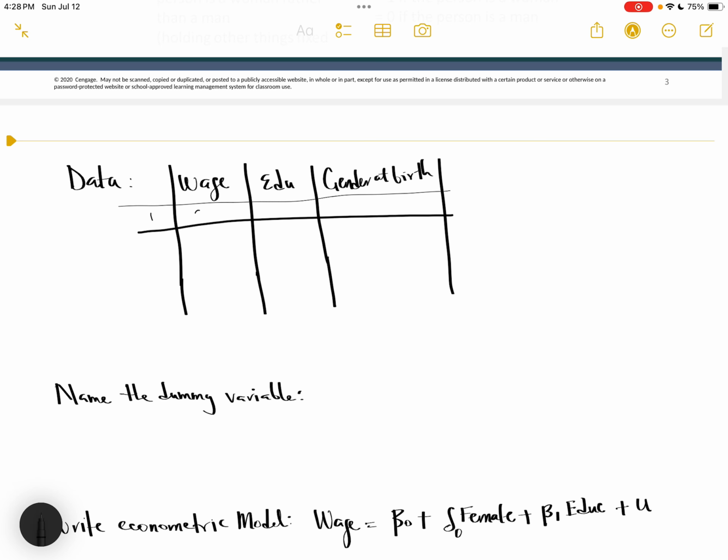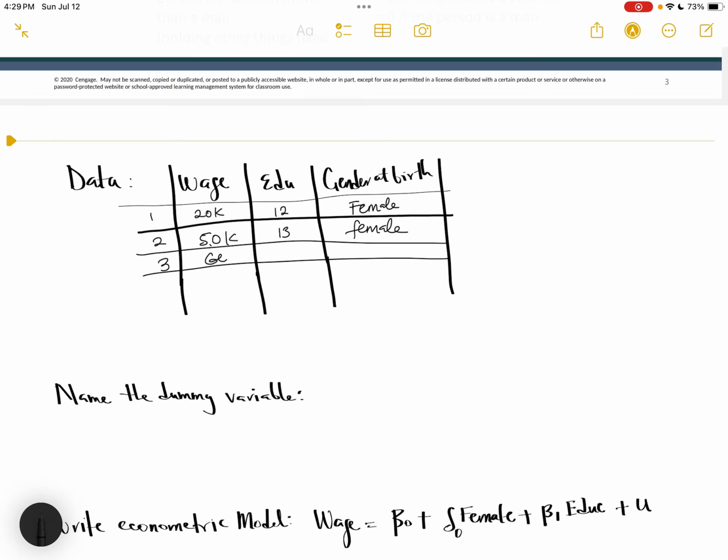The first individual has wage 20K, education 12 years, gender at birth female. Now I'm just making all of this up, right? Second individual, wage is 50K, education is 13 years, gender at birth is female, and on and on.